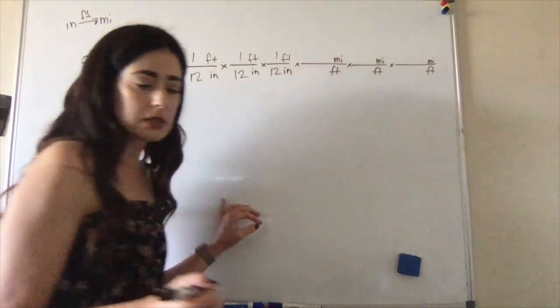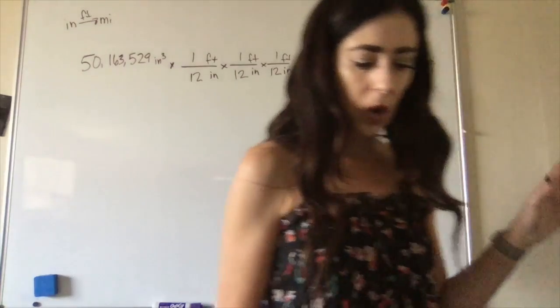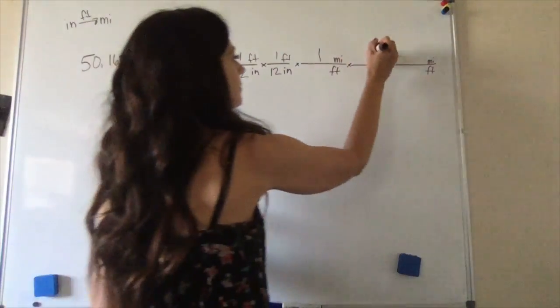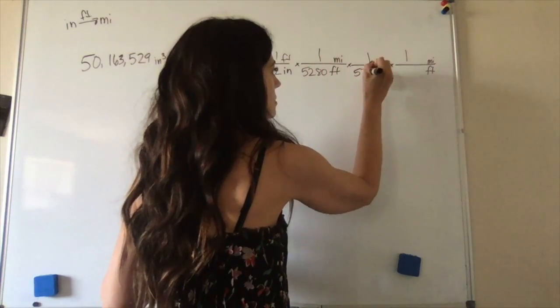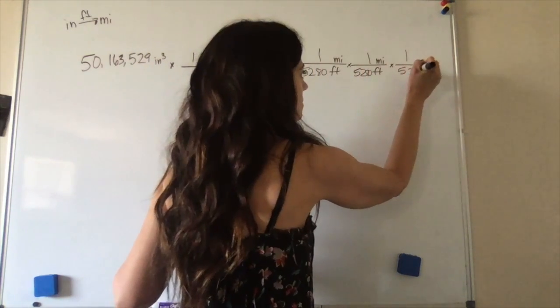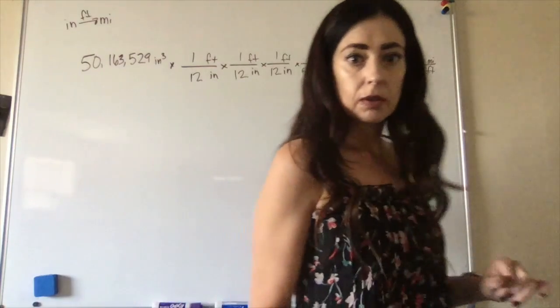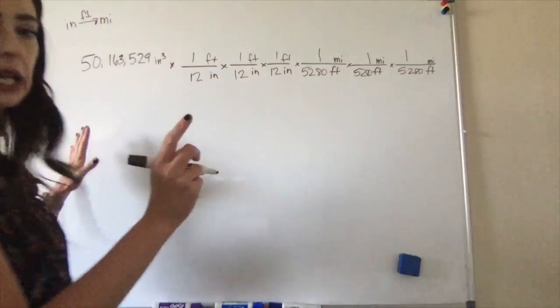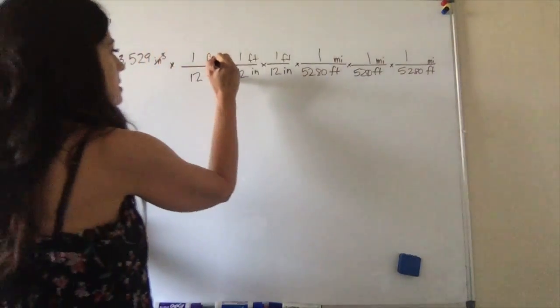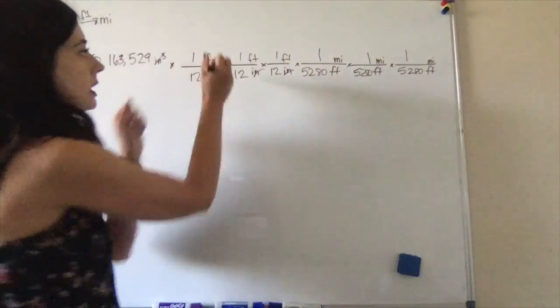How many miles, or I'm sorry, 1 mile is how many feet? 5,280. Okay, so the way that this is going to work, well, let's do our canceling first. So we need 3 inches, 1, 2, 3, and then we need 3 feet.